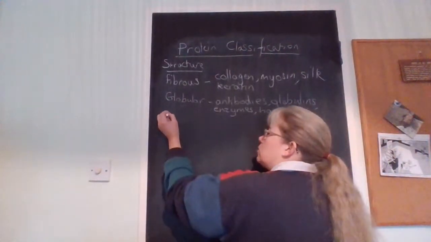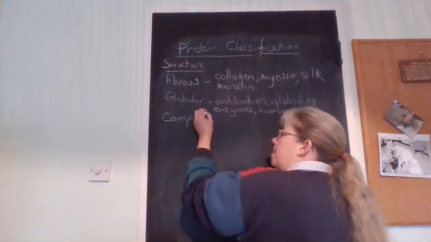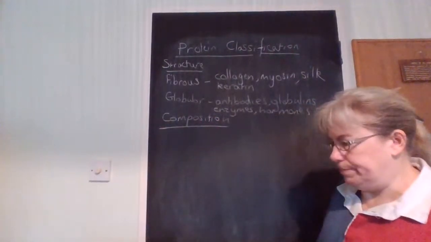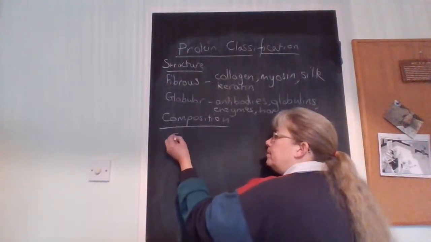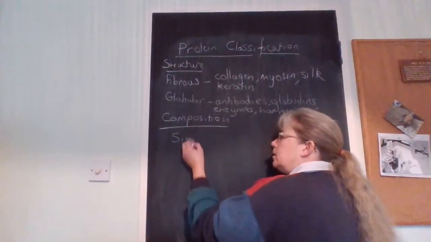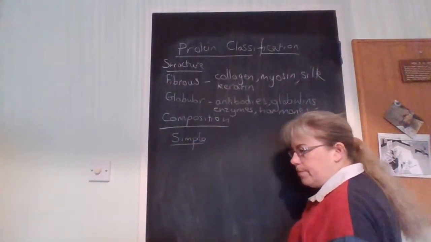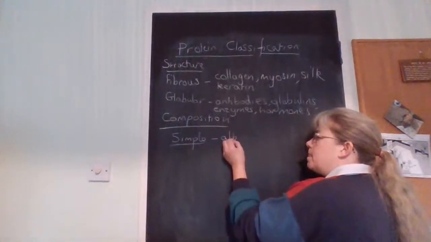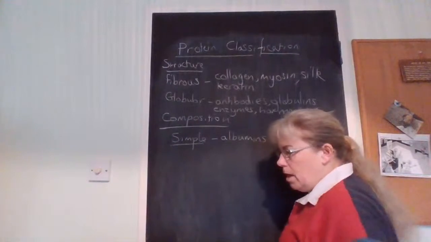The other way is composition, so you can use composition to classify them. There are two types here. There's simple, and that's things like albumins, which is egg white, found in eggs.